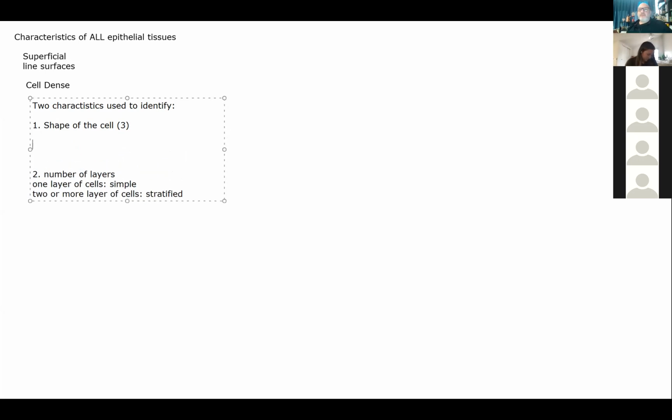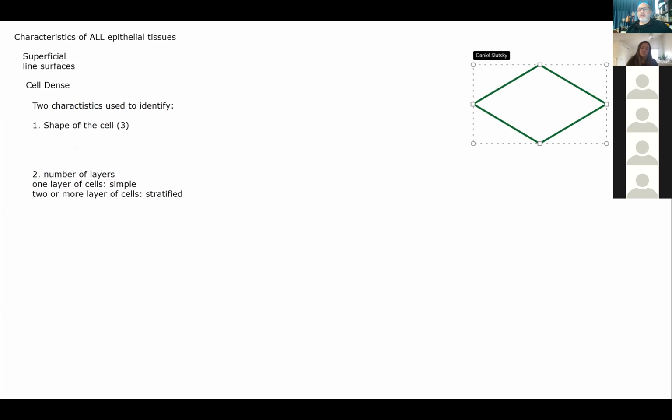The first shape is a broad, flat cell, kind of like a tile.